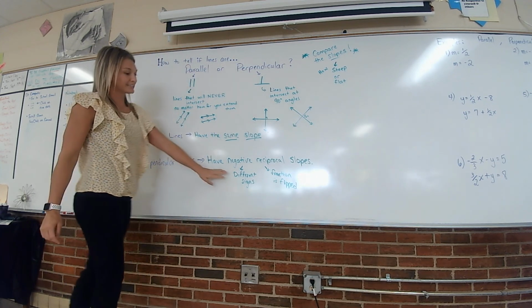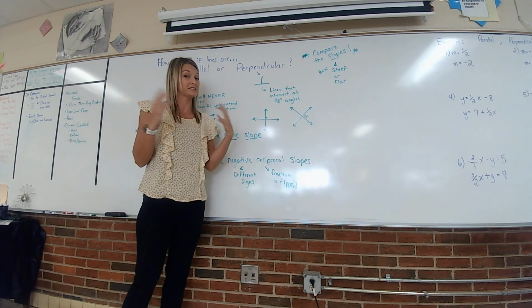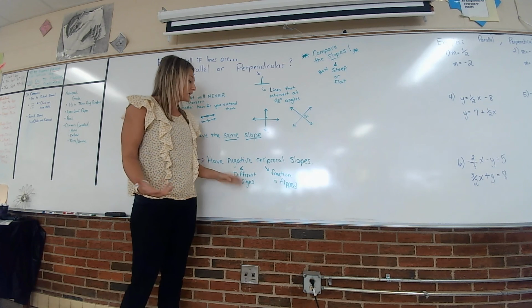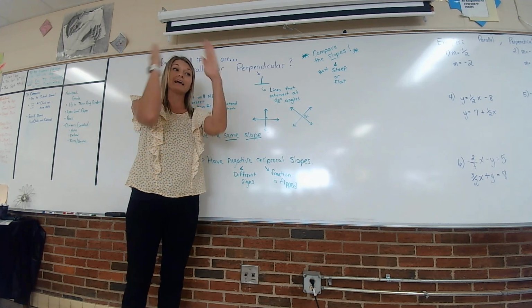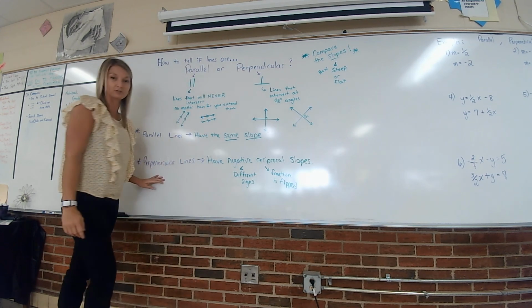Versus if they're exact opposites of each other, so negative reciprocal pretty much means they're exact opposites of each other, then they're going to be exactly opposite directions of each other. And so that makes them perpendicular, okay?